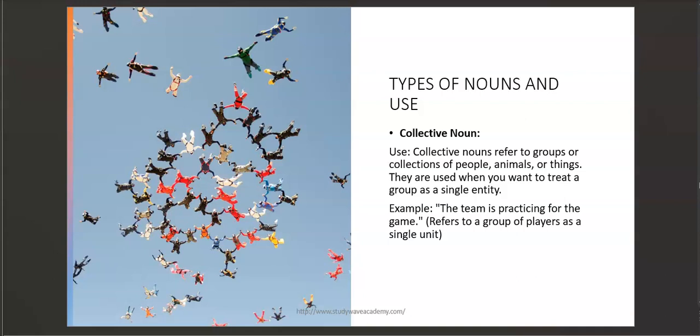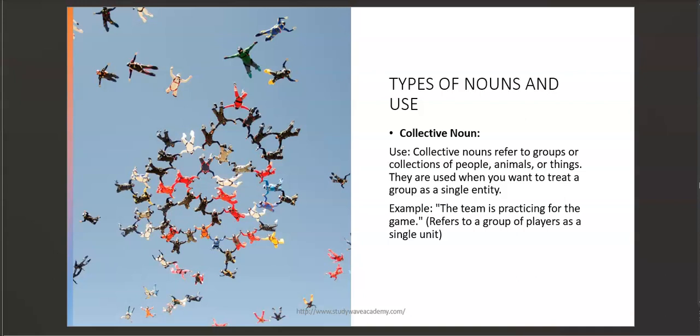So you're making everyone in the team become like a single entity. So the team is practicing for the game. It refers to a group of players in a single unit. So do not forget about that, okay?